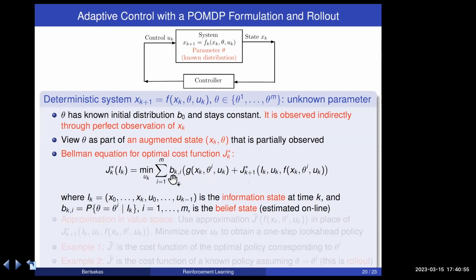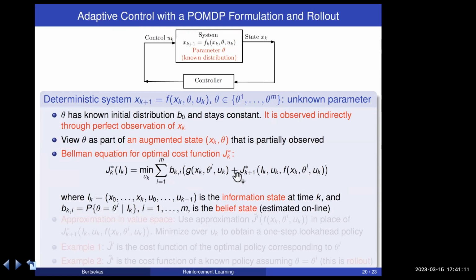Now, this beta ki is the belief state. It's a posterior distribution of theta over these M possibilities, conditioned on the information that you have so far.